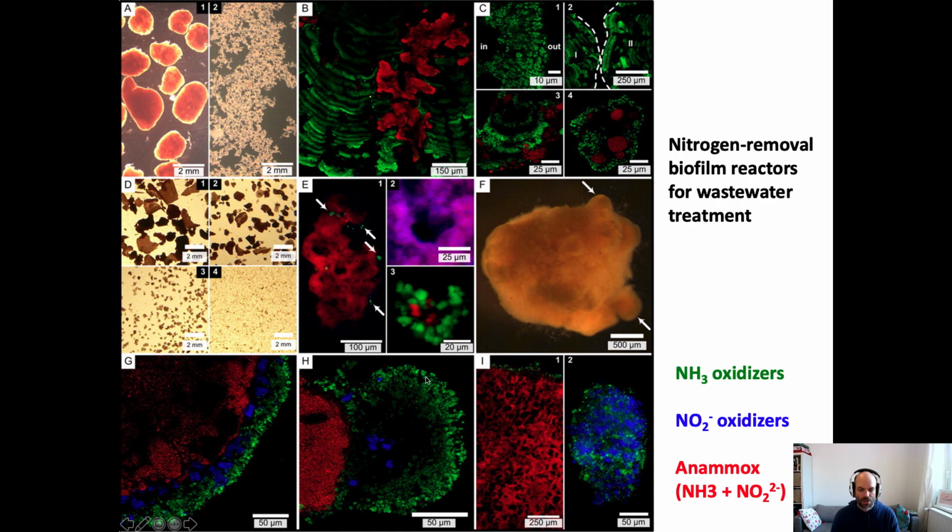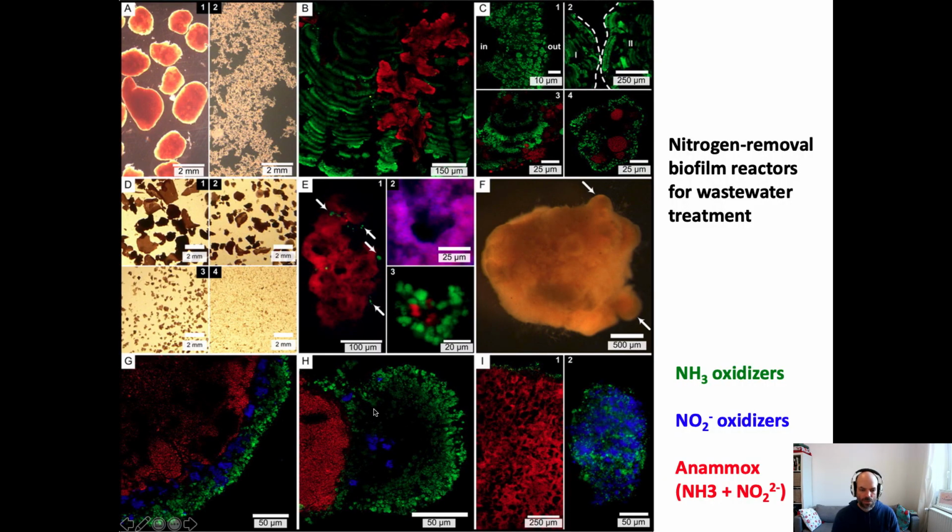I also like talking about this because I can show these really cool images from this study taking microscope images of biofilm reactors in a wastewater treatment center that is doing the same process of nitrogen removal to clean up the water. And I like this because you can see in their microscope images the nitrifiers and denitrifiers and anammox all in one biofilm together.